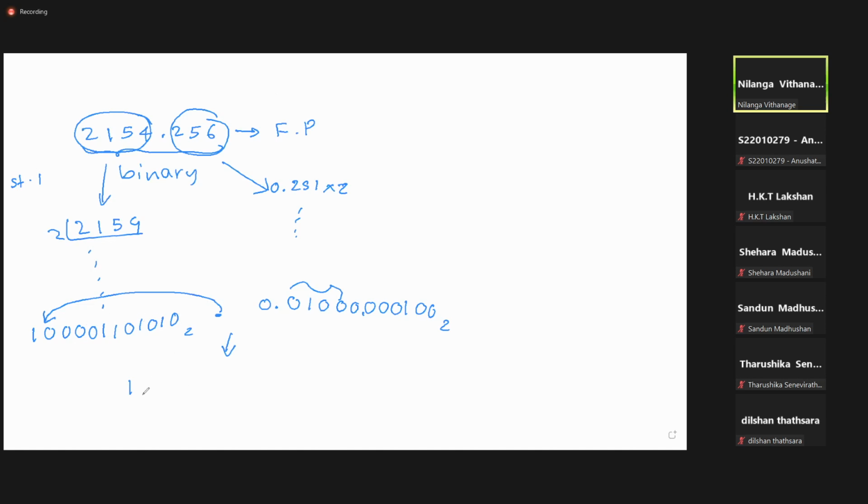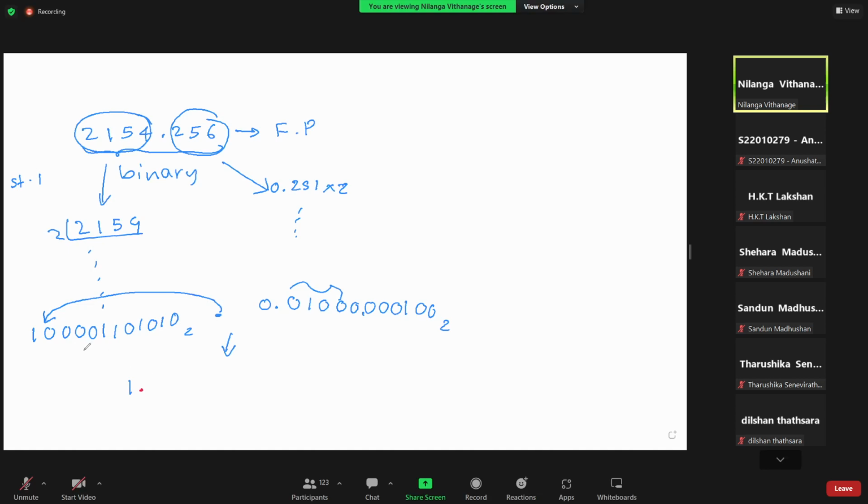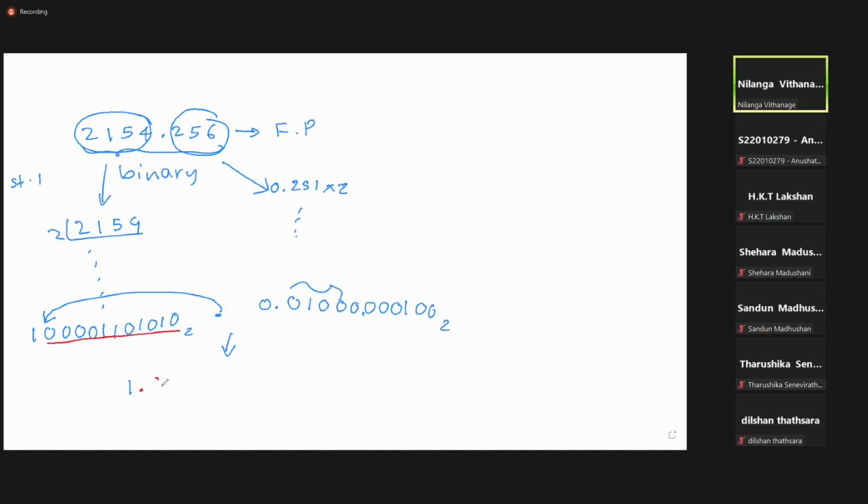If you move this binary point, you have to represent it like this, 2 to the power.